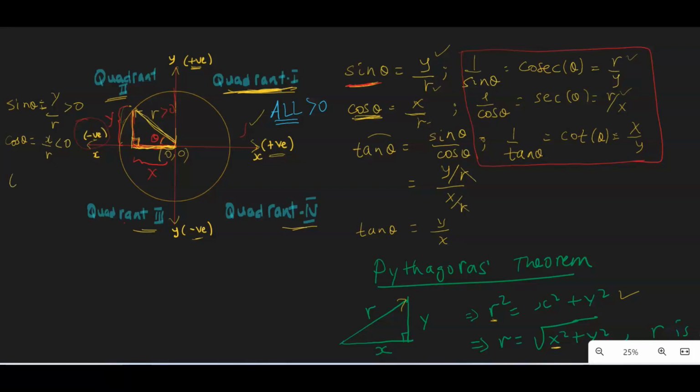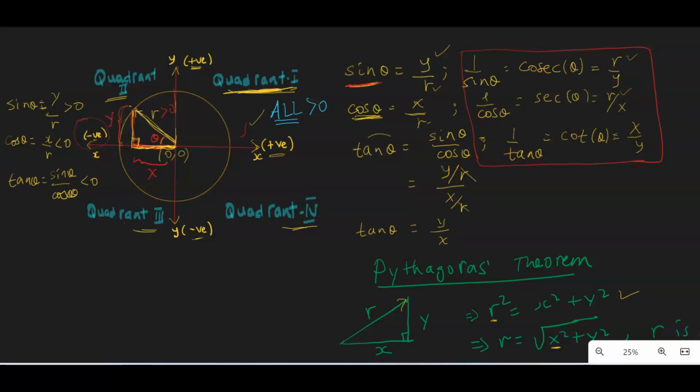So tangent theta is equal to, as I said, sine divided by cosine. Sine is positive, cosine is negative, then tangent should be negative, because sine theta divided by cosine theta is always less than 0.